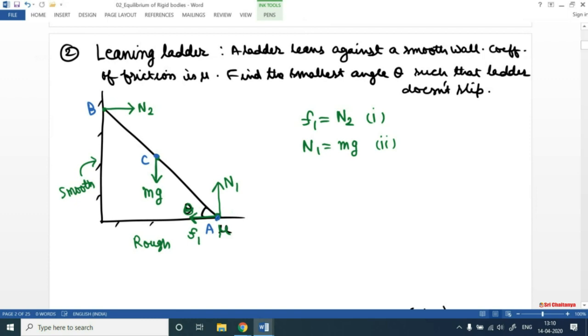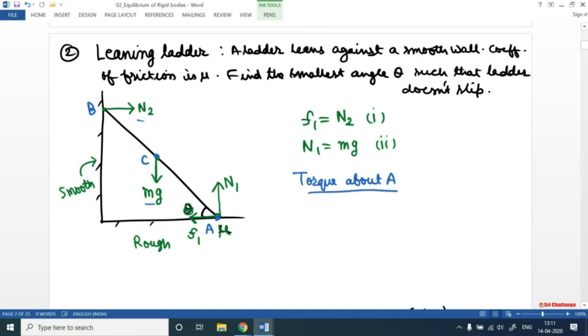If we write the equation of net torque about point A, the torque due to N1 and F1 will both become 0, and we will be left with writing torque only due to mg and N2, which is easier.